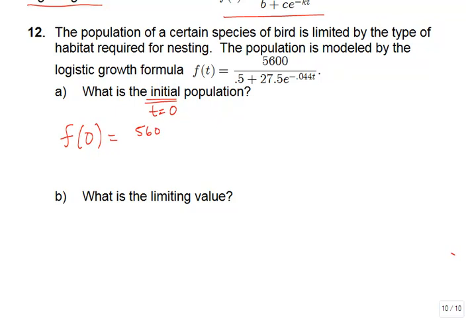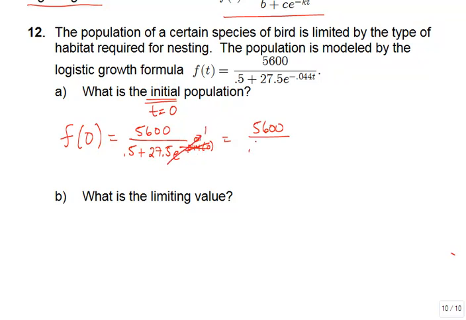So let's plug it in. 5600 over 0.5 plus 27.5 e to the negative 0.044 times 0. Now if we go to simplify that, this negative 0.044 times 0 all becomes a big fat 0, and e to the 0 goes to 1.